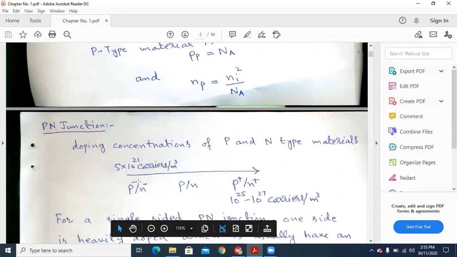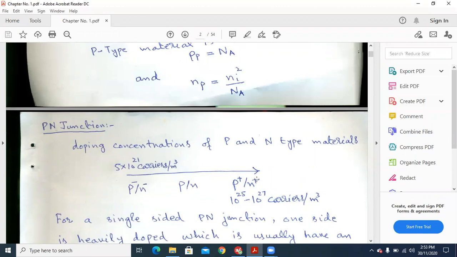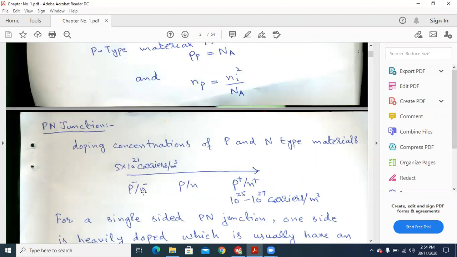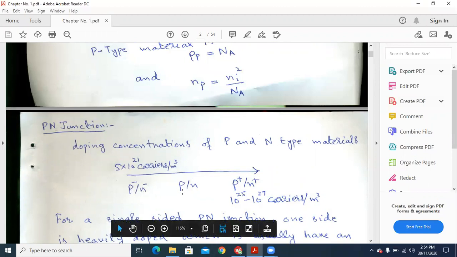The doping concentration is represented as light doping, intermediate doping, and heavy doping. If it is lightly doped, we represent it with a negative sign. So we have lightly doped p-type and n-type materials, and we have p and n-type materials which are normally doped, and we have the p plus and n plus materials which are heavily doped.